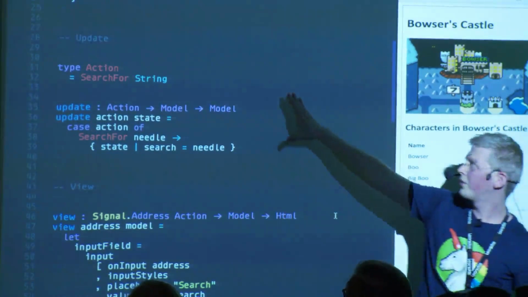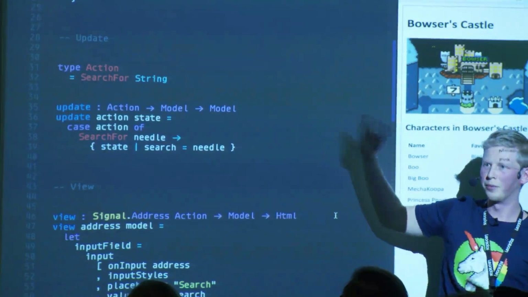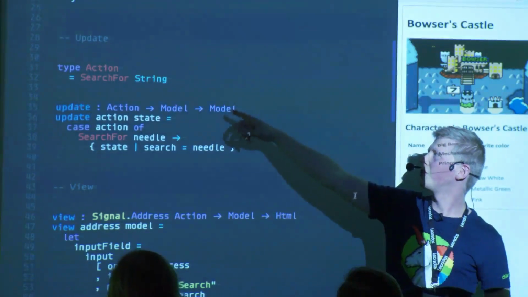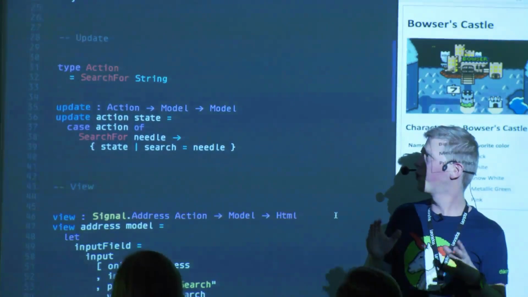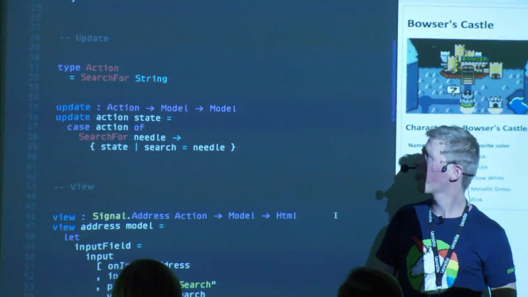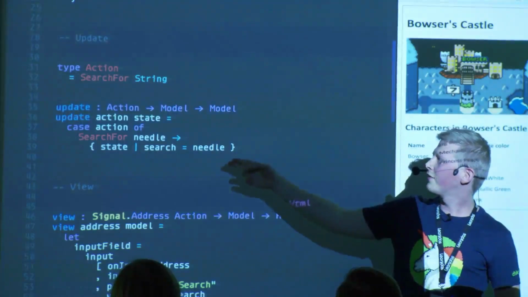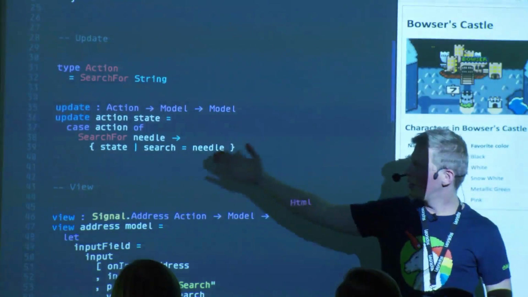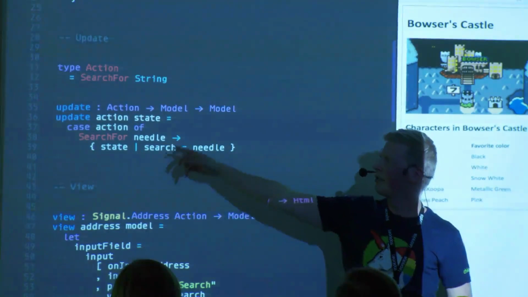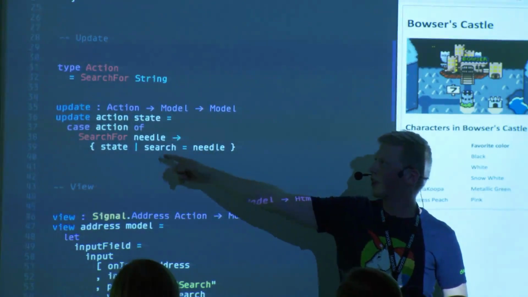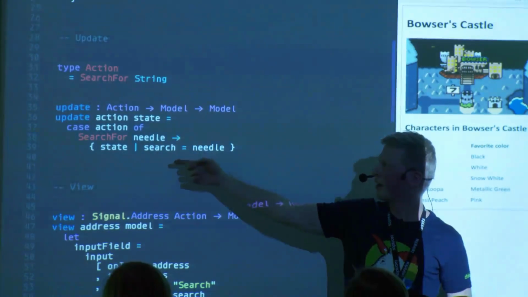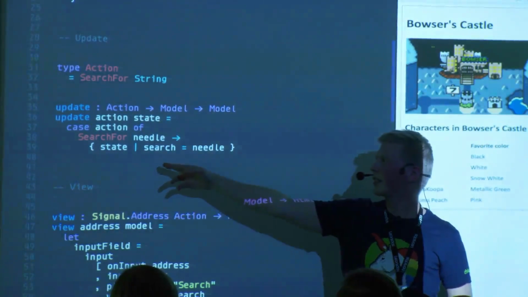And then we have the update part. This is something you might recognize from Redux. We have just the one action, search for, and it has a payload of string. Then we have the update function, which just checks which kind of action you are matching for, and then we update the state.